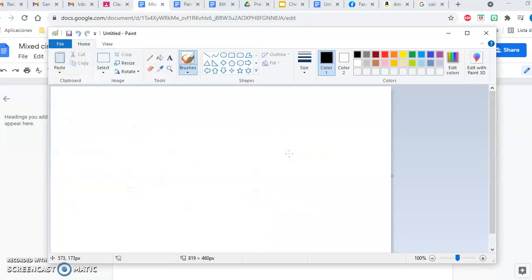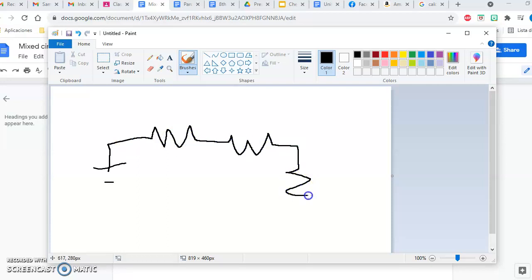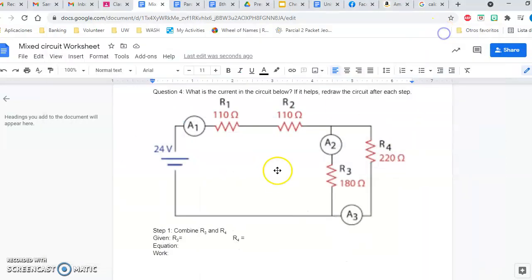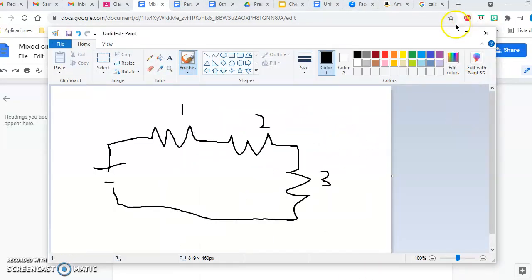So right now we have 4 resistors, and we're going to combine them so that our circuit would now look like this, where we just have 3 resistors: 1, 2, and 3.